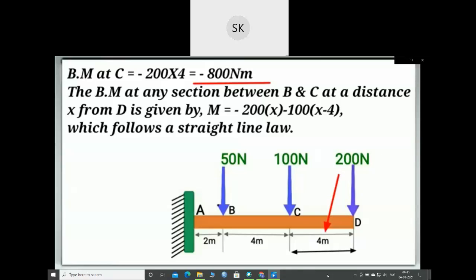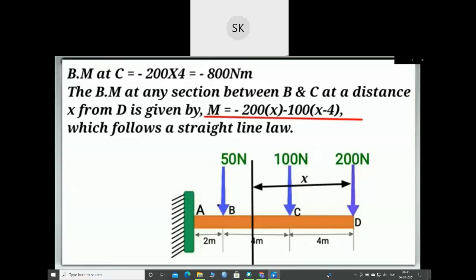And the bending moment at any section between B and C at a distance x from point D will be given by Mx equal to minus 200 into this distance x minus 100 into this distance, which will be equal to x minus 4, and the negative sign is because of the sign conventions of the bending moment diagram.